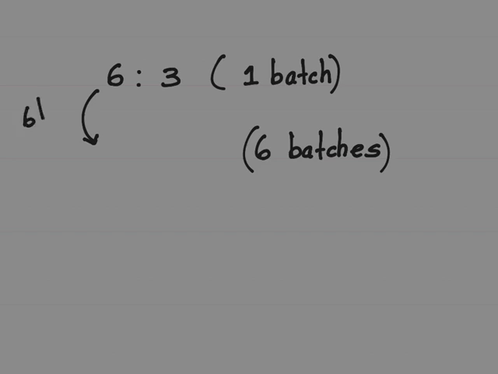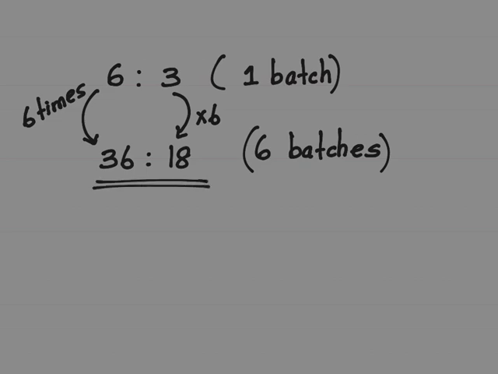So the values will be 6 times bigger. So 6 times 6 is 36, is to, this value you also multiply by 6, 3 times 6 is 18.